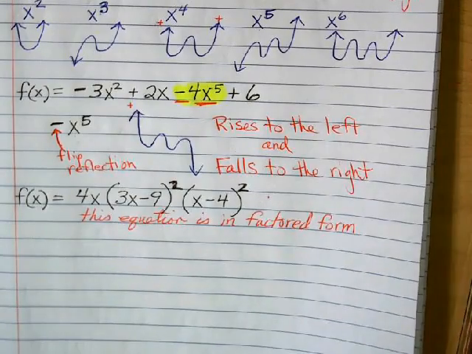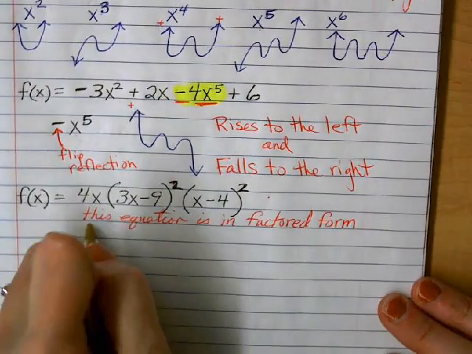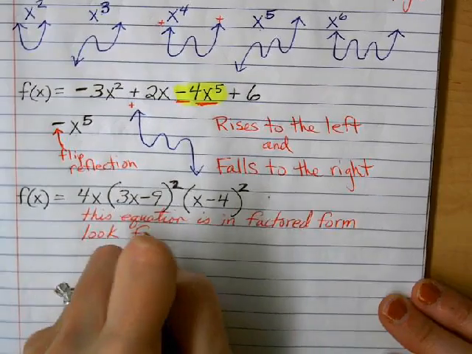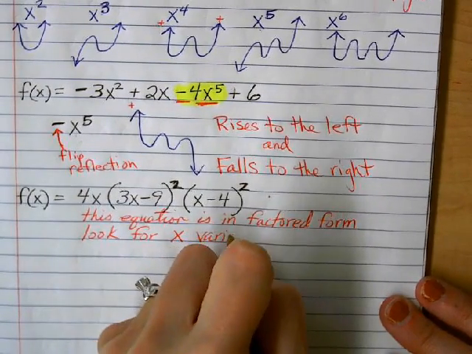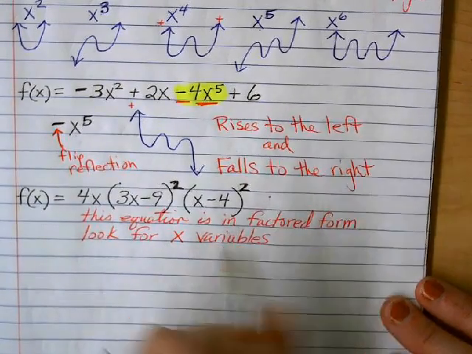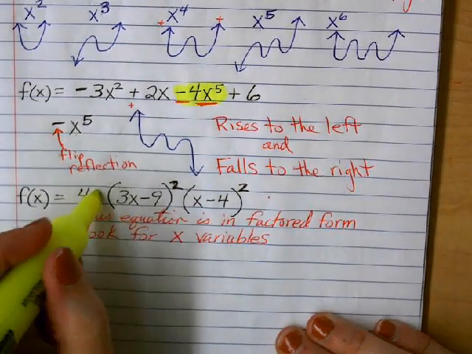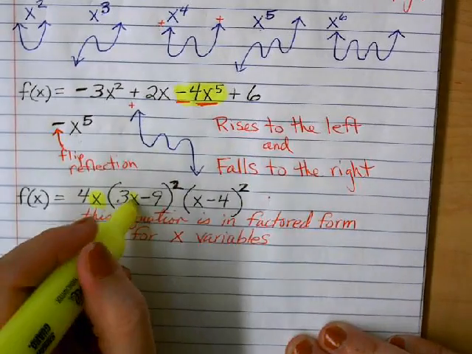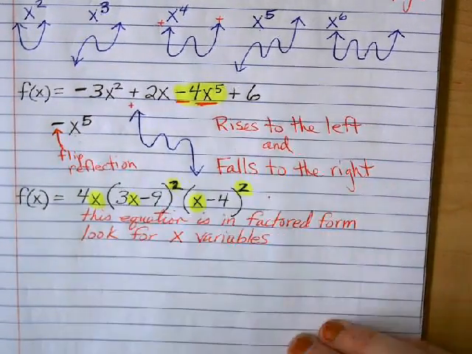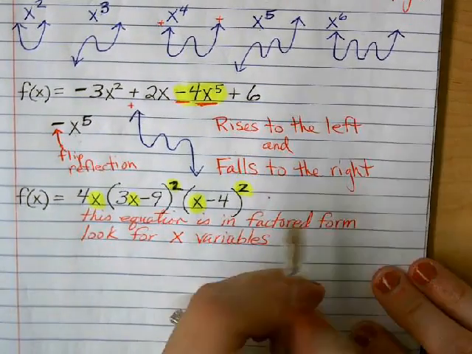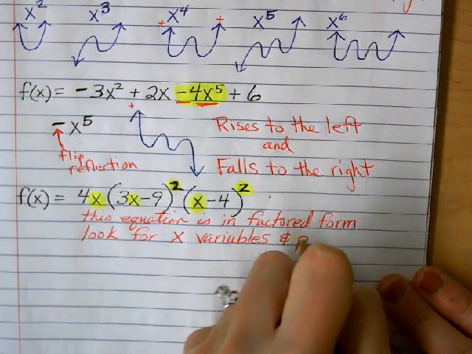So it's in a factored form, so you look for your x variables. I see an x right there, an x right there, an x right there, and then you look at the powers too, the exponents.